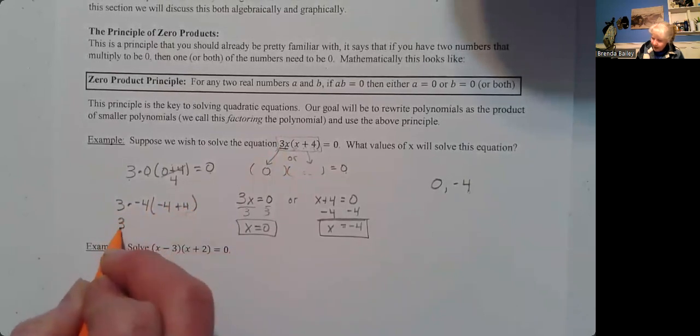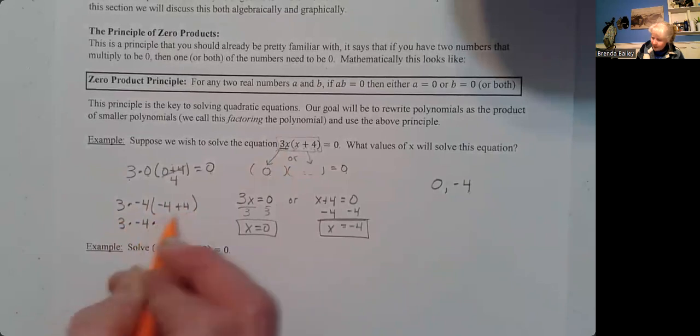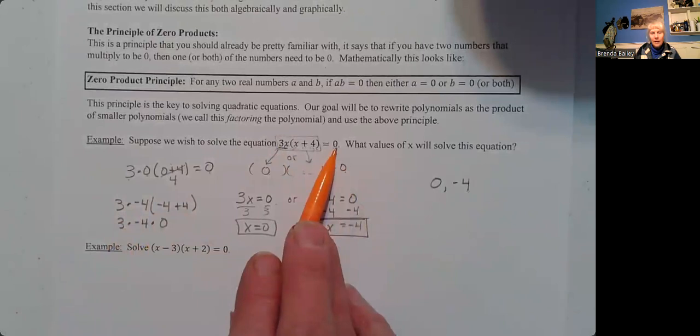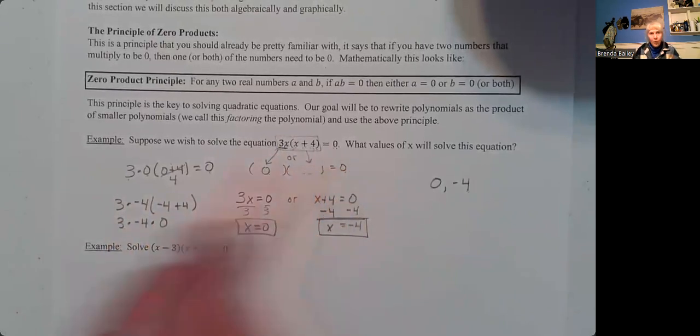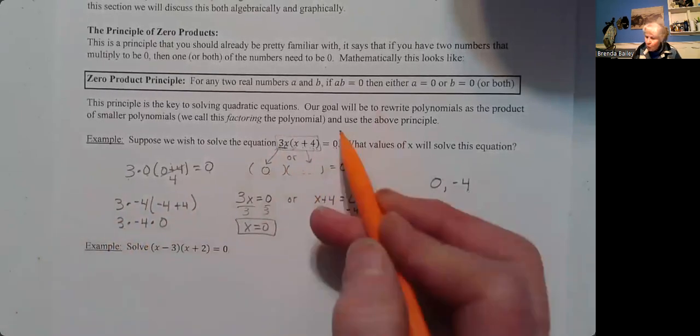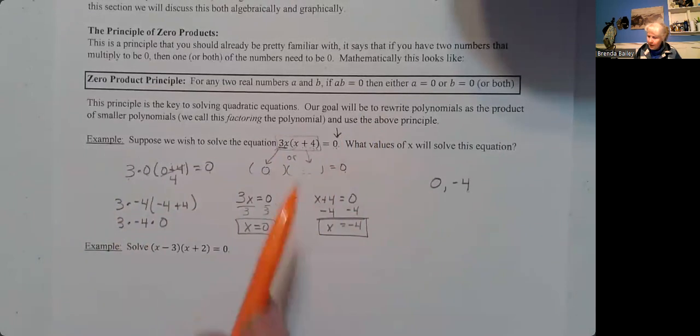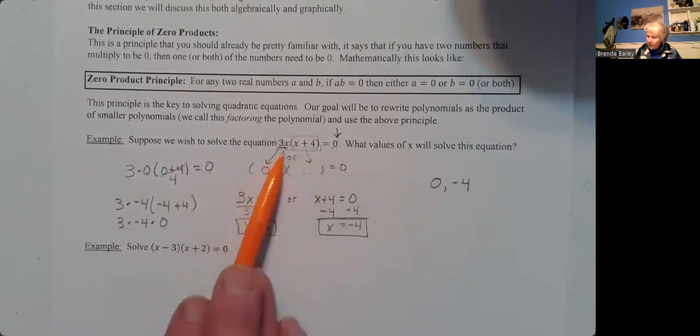We get 3 times -4 times 0, and I know that when I'm multiplying here, if one of them is 0, the answer is 0, which is what we wanted. So in order to use this zero product principle, you must have a 0 right there, or we can't do it. So we just break it apart, set each part equal to 0 and solve it, and you're done.